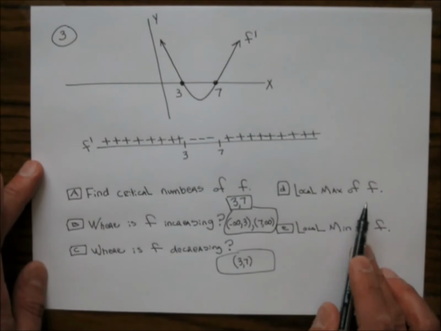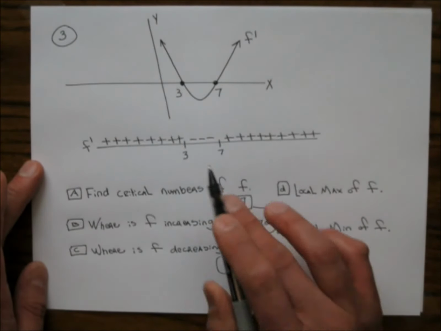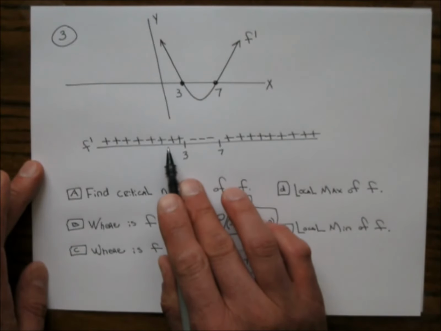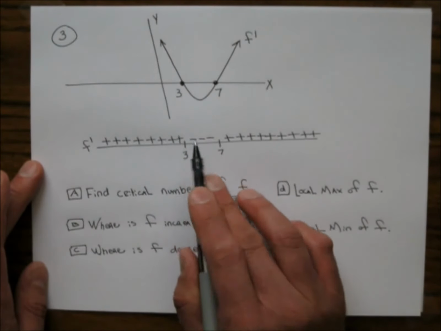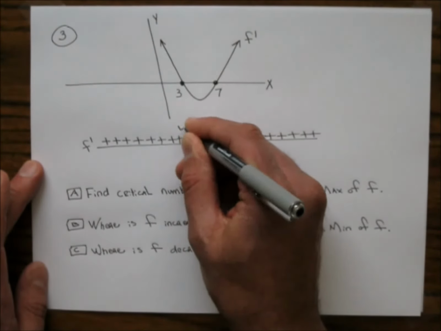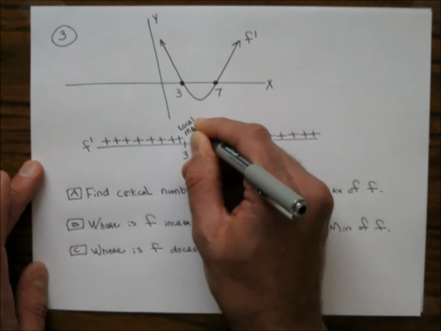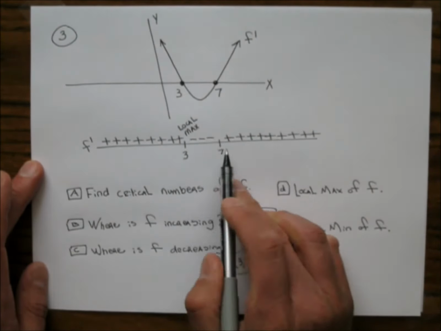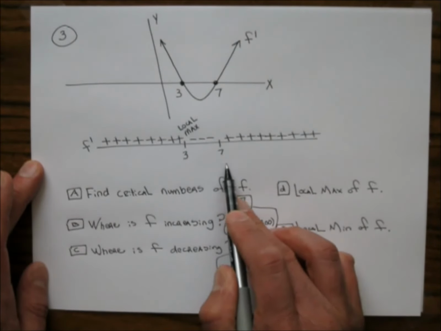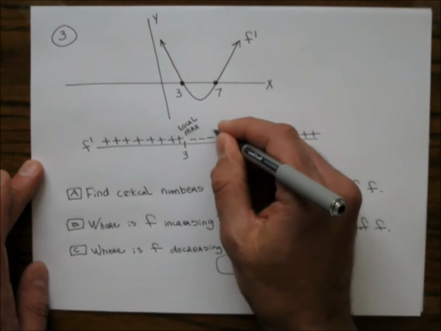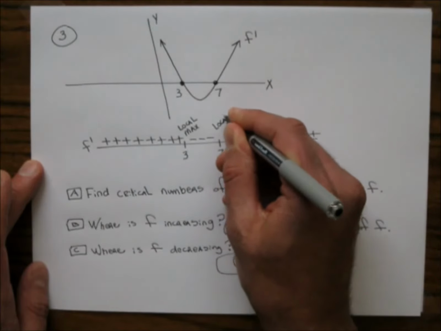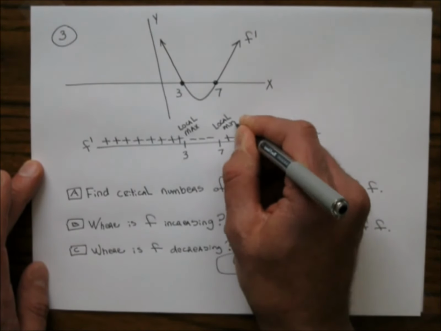Local max of f and local min of f, we can find when the signs change. Going up and then going down is a local max. And then going down and then going up is a local min.